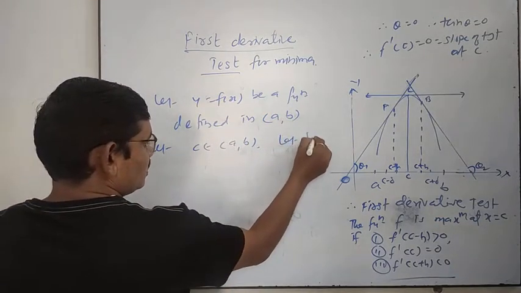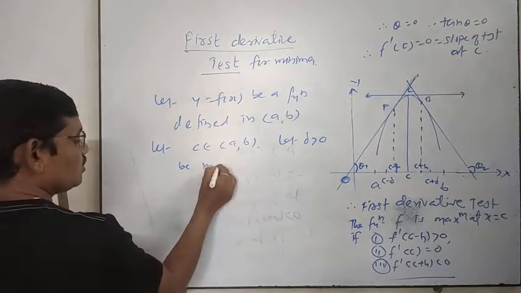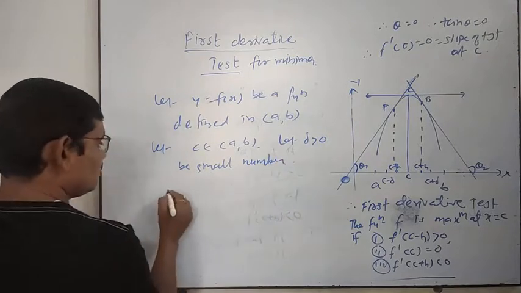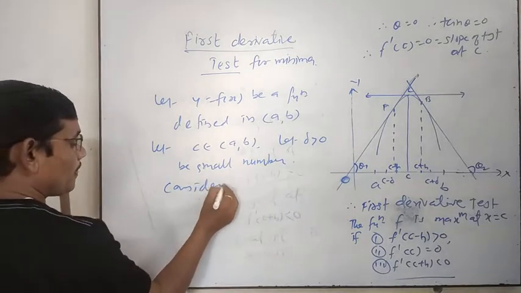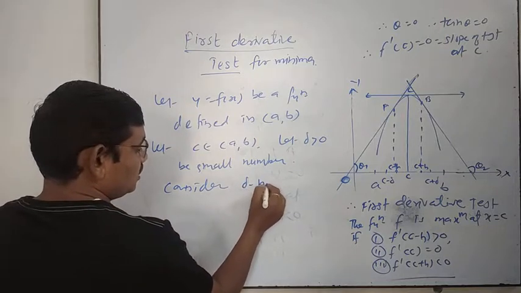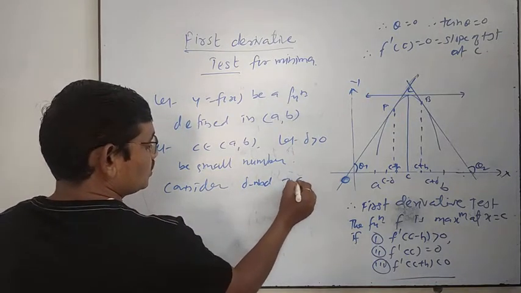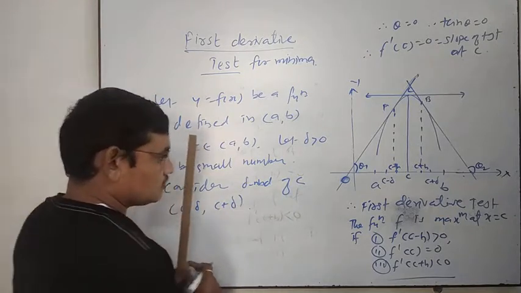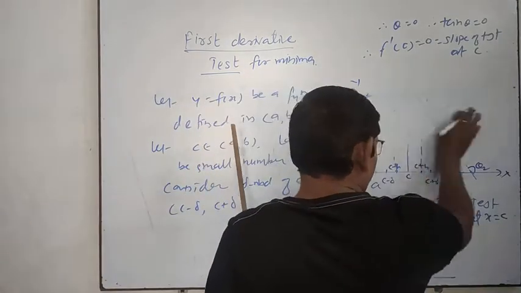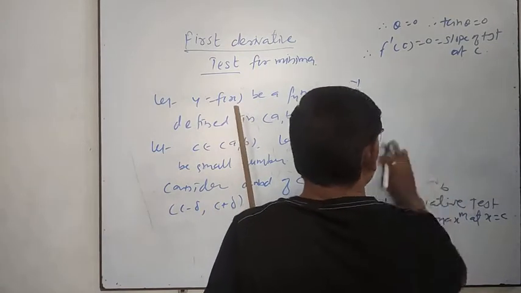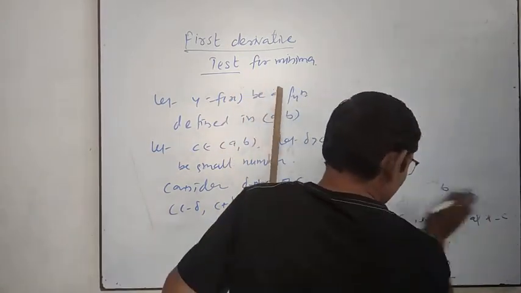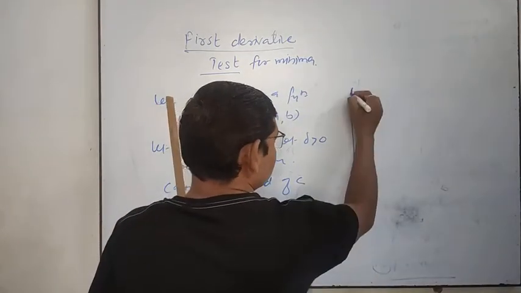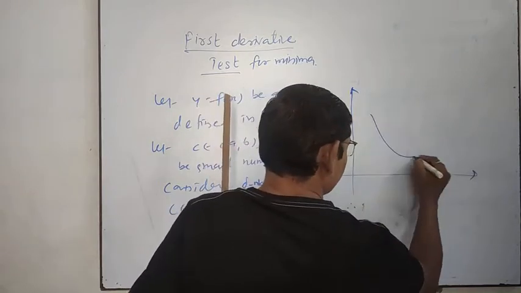Let us consider delta to be a small number. Consider the delta neighborhood of C, that is C minus delta, C plus delta. And the nature of the function is, suppose, like this.